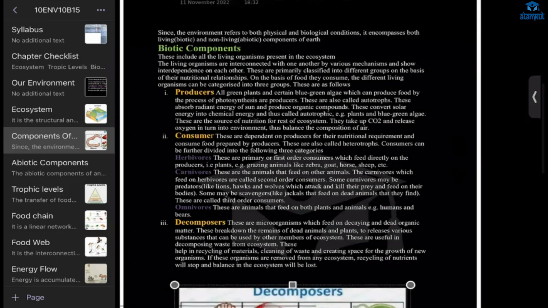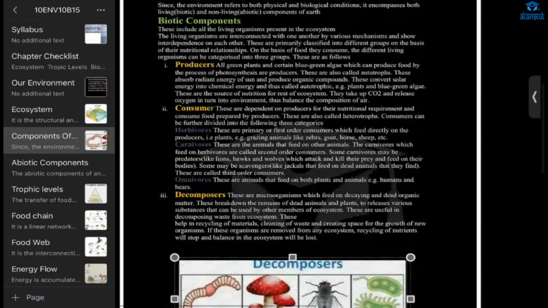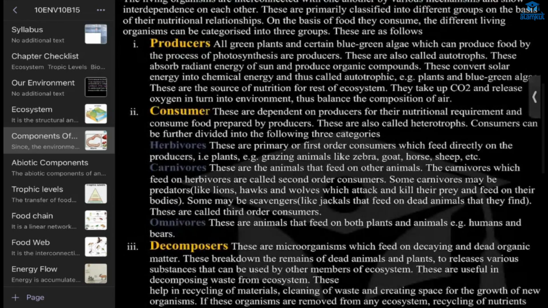Now first we'll look into the biotic components. Inside biotic components we have producers, consumers, and decomposers. So producers, what are those? The organisms which produce their own food through the process of photosynthesis are called producers. They are also called autotrophs.